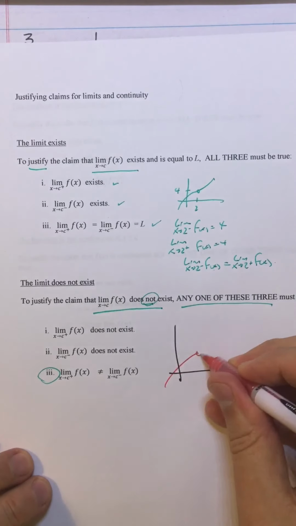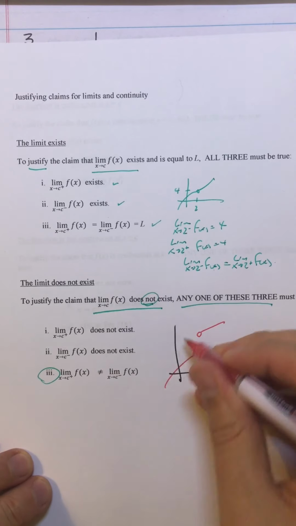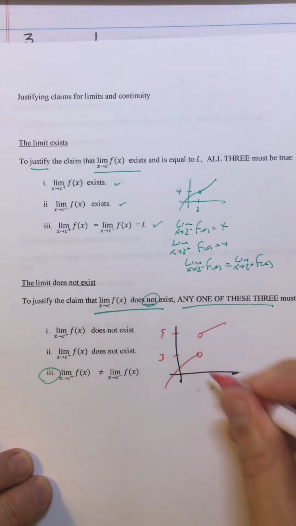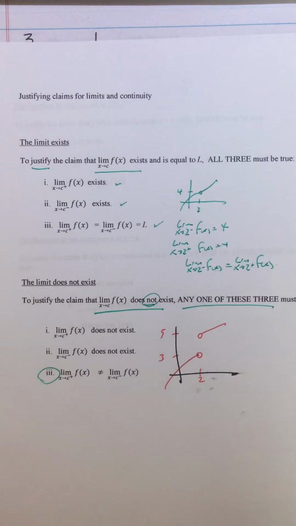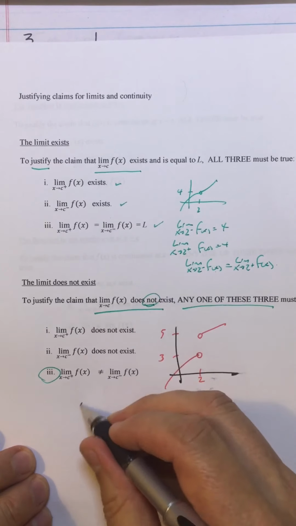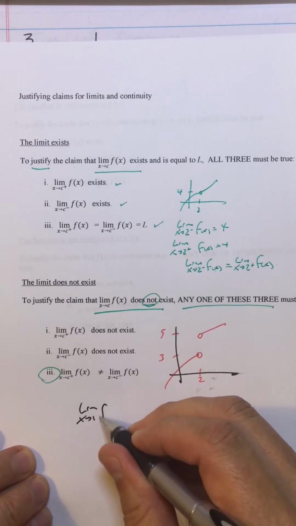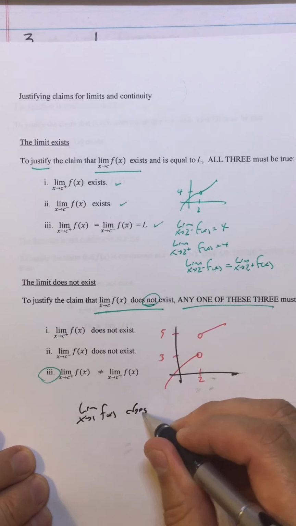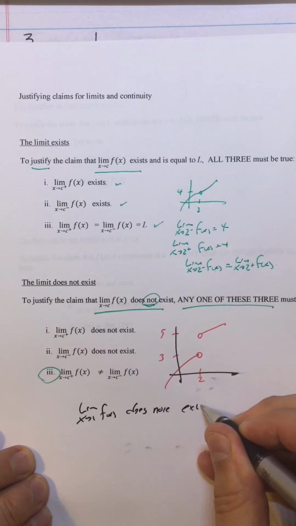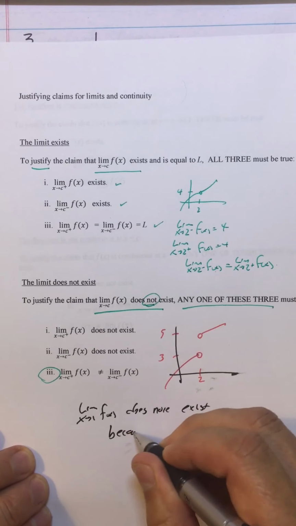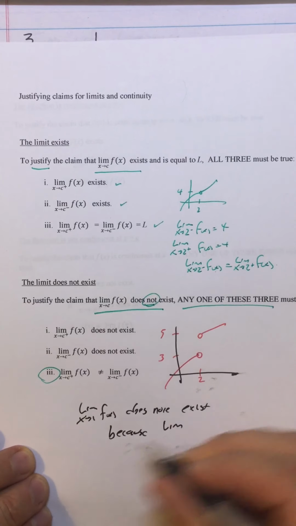All right? So let's say you had a function like this, and let's say this is 3, and this is 5, and this is 2, and the question says, prove that the limit as x approaches 2 does not exist. You would say the limit as x approaches 2 of f of x does not exist because, and you want to specify numbers.